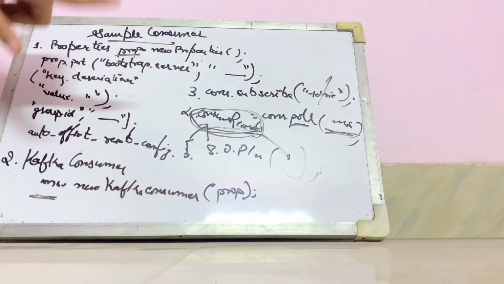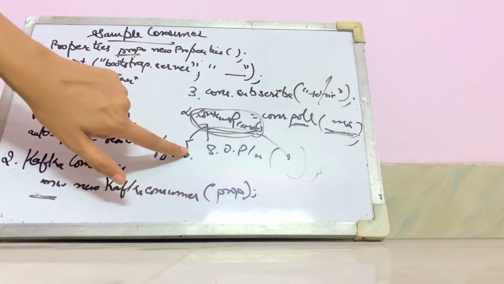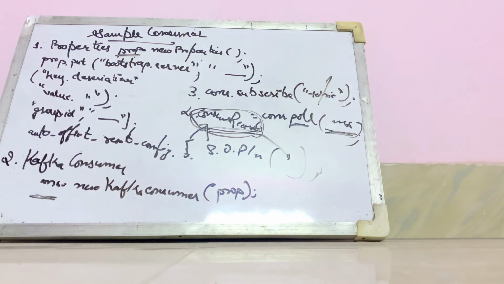Consumer records, as the name suggests, will have all the records taken from the partition which the producer has posted. Once we get the consumer records, we will print or process them. So this is how the Kafka producer and consumer work in our Java application.